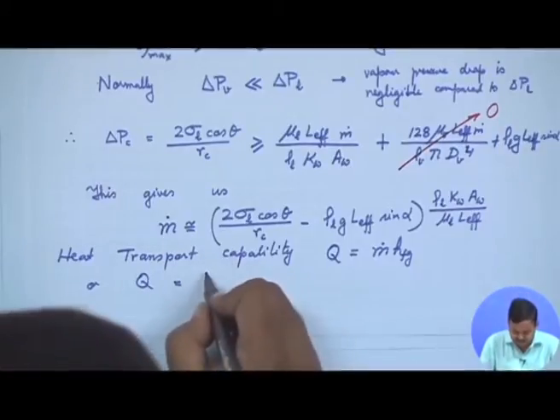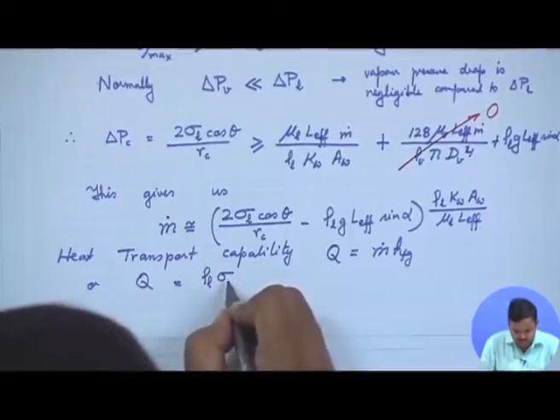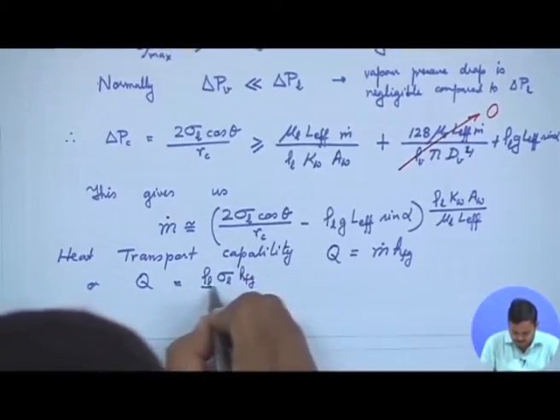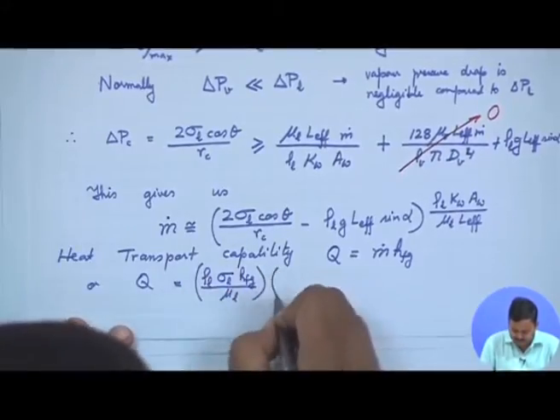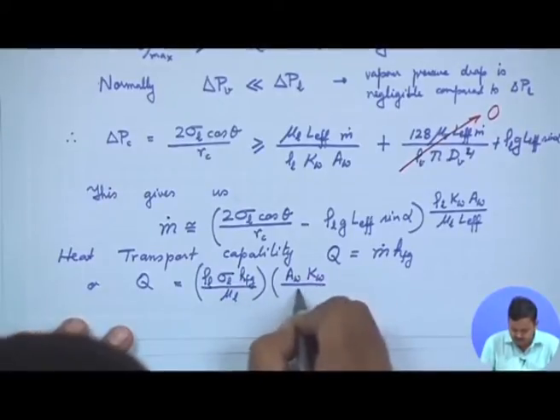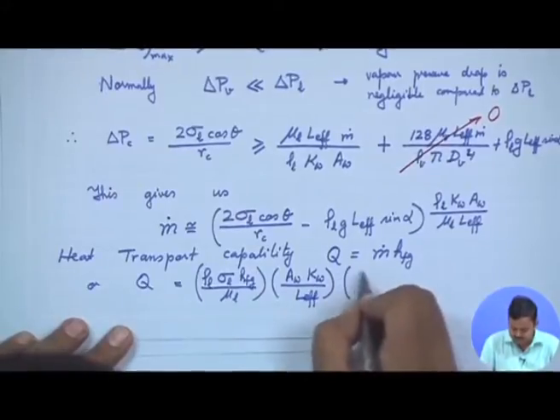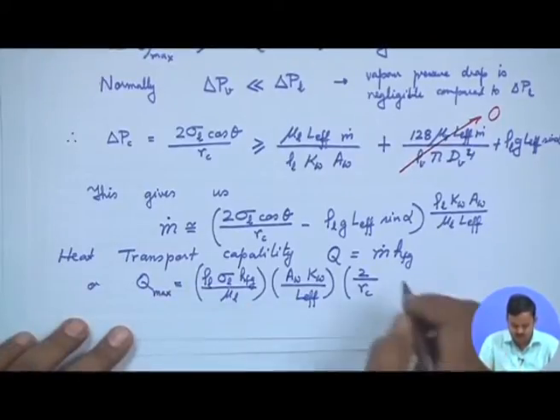let me write it, it is a very beautiful expression that comes through, sigma L HFG over mu L times AW Kw over L effective times 2 over RC, let me call it as Q max. 2 over RC.